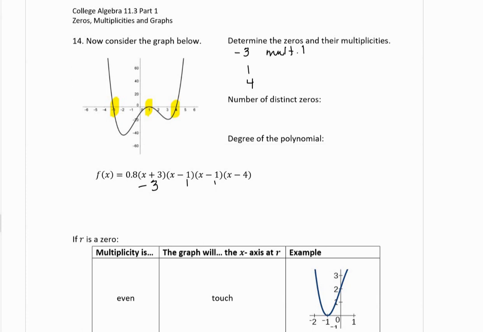And here the multiplicity of 1, I can see, is 2, because that occurs twice. And the multiplicity of 4 is 1. So how many distinct zeros are there? Well, there's 3 distinct zeros. And what is the degree of the polynomial? It's going to be 4. And I can see that because I have 4 x values here in my factored form.